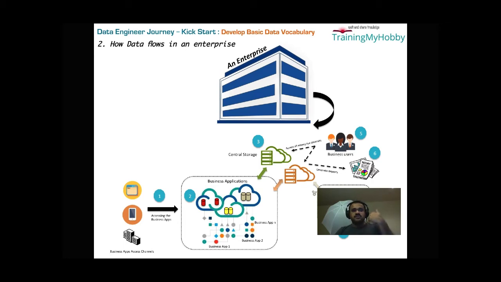Basically, he wants to know some information about the data. I'm sure you know the difference between data and information. So all the data across these business applications is stored at a central storage. Again, this could be one storage location or multiple storage locations. Need not be on the cloud always. It could be on the cloud or on premise, right?